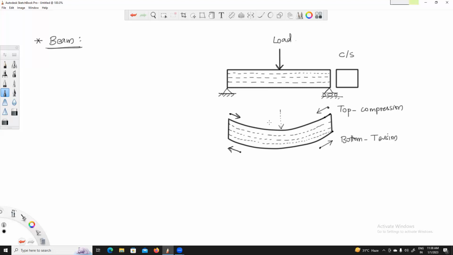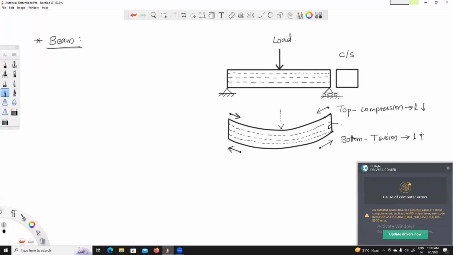So if you go from top to bottom, there are certain fibers under compression, and as you keep moving downward, you'll find a fiber which is neither under compression nor under tension. Under compression, the length of the fiber decreases, and under tension, the length of the bottom fiber increases.